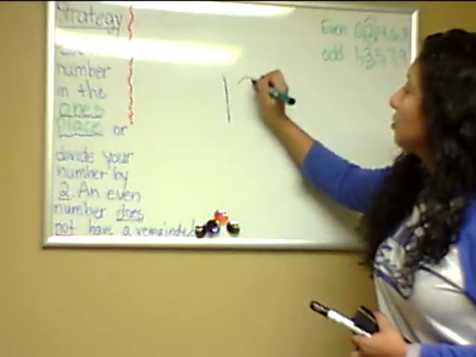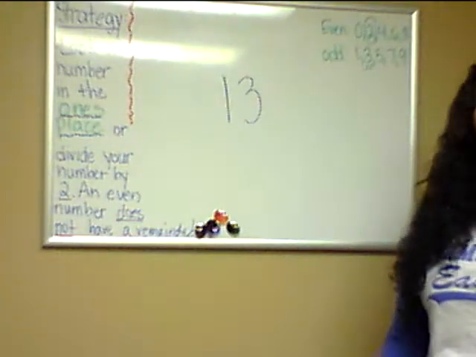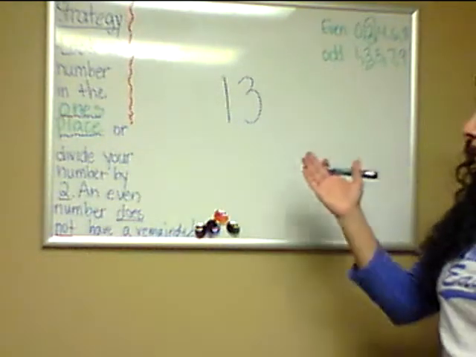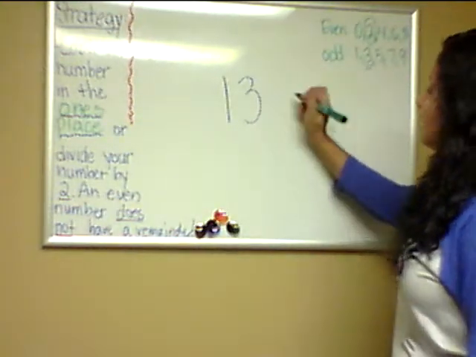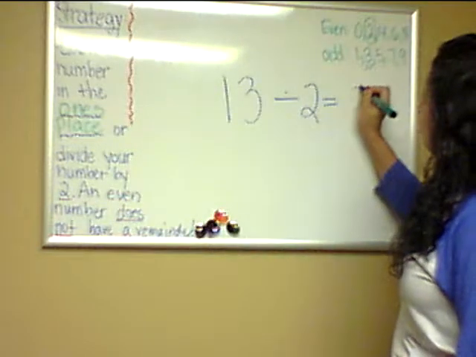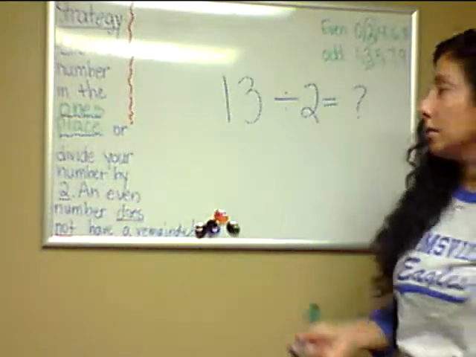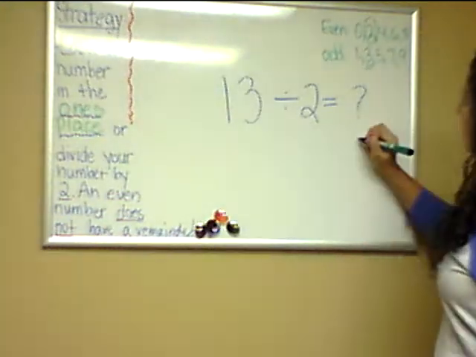I'm going to use the example, the number 13. All we have to do is try to divide that number by 2. Let's see. 13 divided by 2 equals blank of a quotient. So, let's list our related facts.